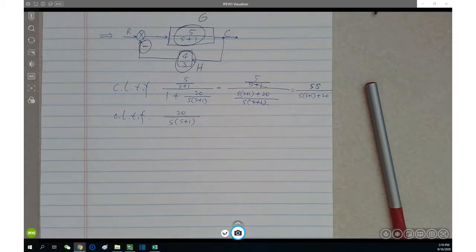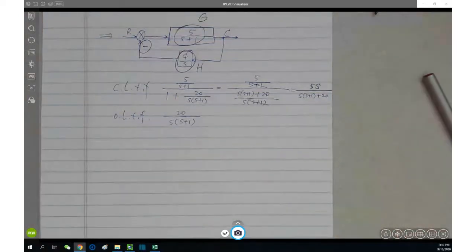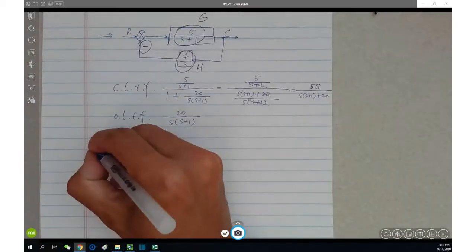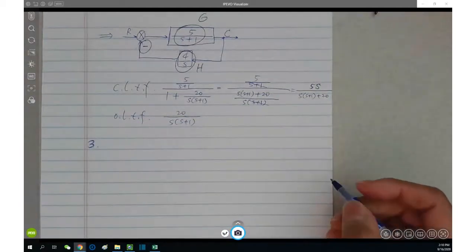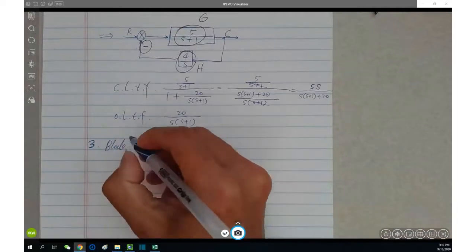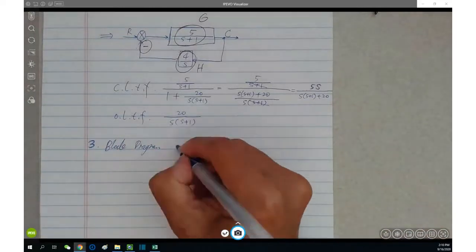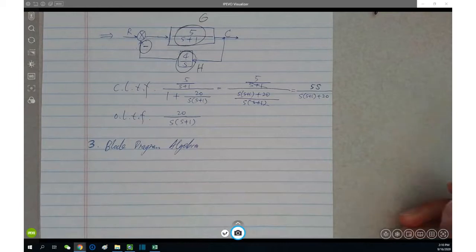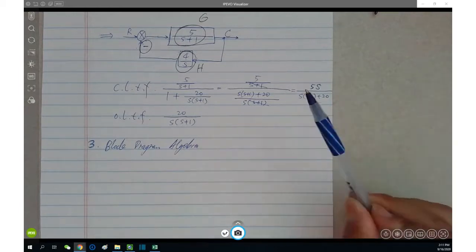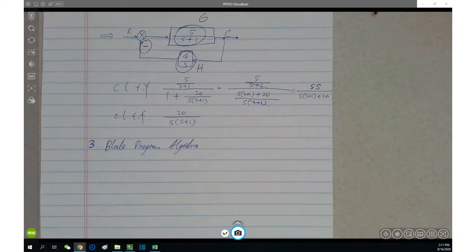Okay, so for the rest of the time, we can begin the next topic a little bit and leave the major part to next Monday. Block diagram algebra. So far we just learned three basic types of block diagram: cascade, parallel, and feedback, and their corresponding total transfer functions. It's fairly easy.